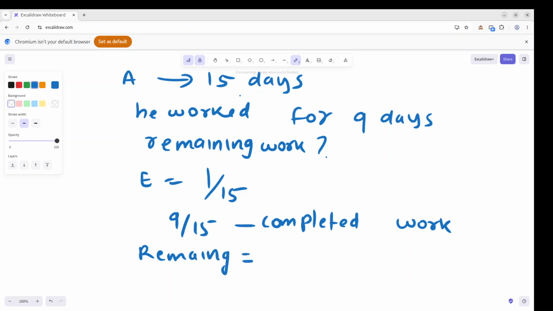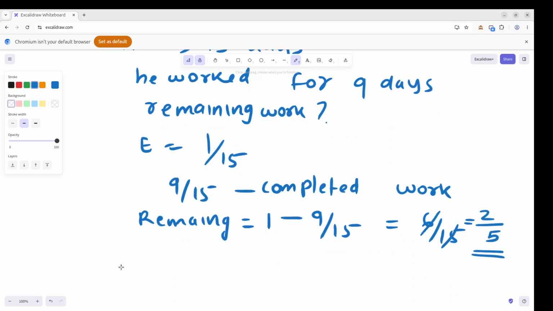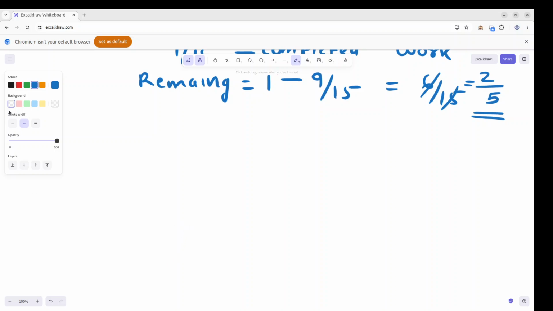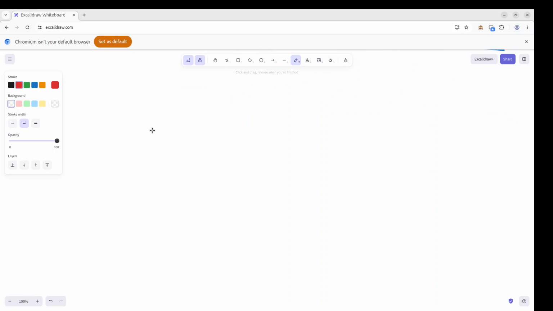Consider the total work as 1. So the remaining work is 1 minus the completed work, which equals 6/15. Cutting by 3, 2/5. So 2/5 of the work is left to complete.